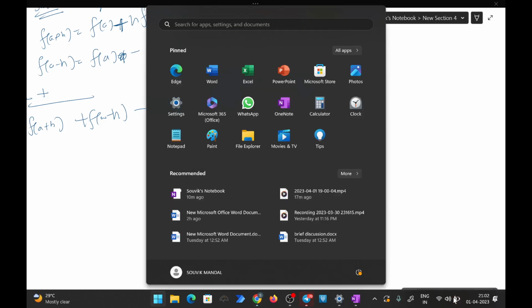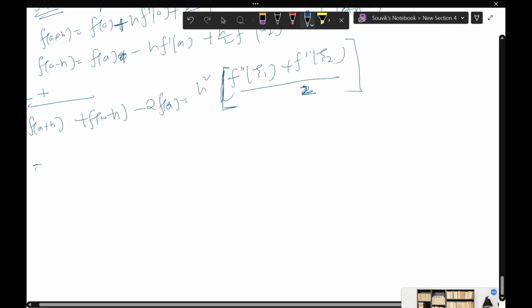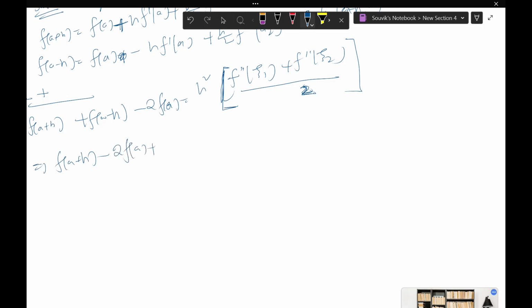So this implies f of a plus h minus 2f of a plus f of a minus h, divided by h squared, is equal to half of f double dash a1 plus f double dash a2.